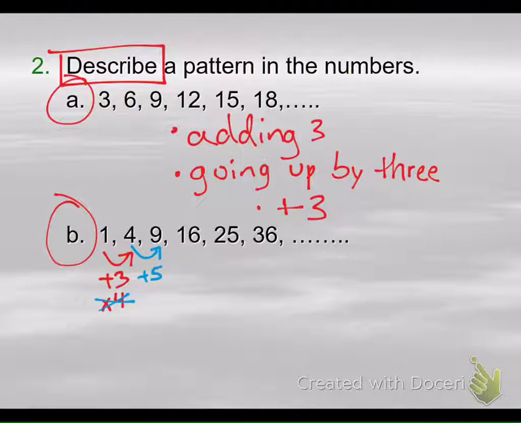Okay, how can I go from a 9 to a 16? Go up 7. How can I go from a 16 to a 25? Okay, are you noticing a pattern within the pattern? It's odd numbers.